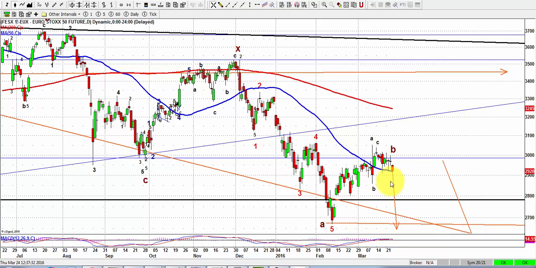Otherwise, it is weak. It is not preparing to run up sharply anytime soon. In the next several weeks, it's likely either to stay range bound at around 3,000, 2,800, or if it reaches the floor here, it's likely to continue lower.